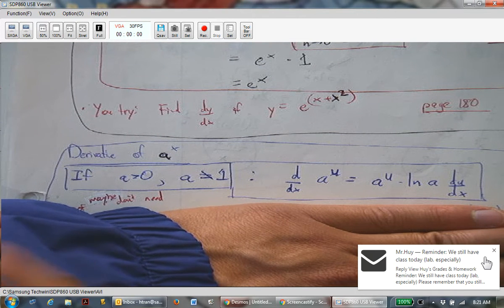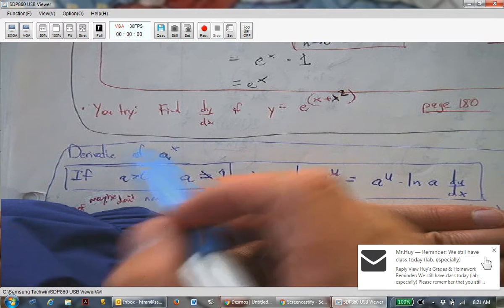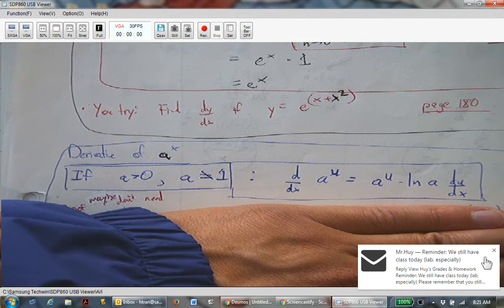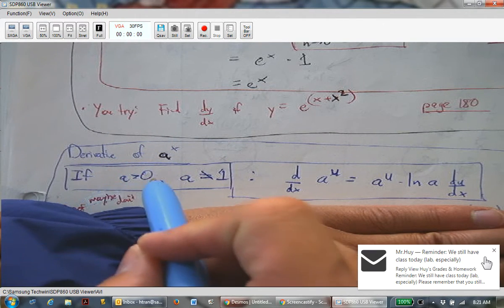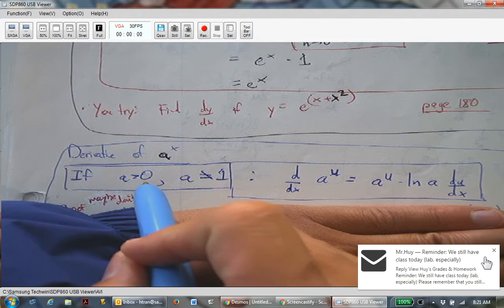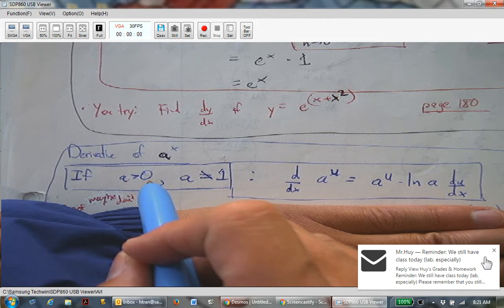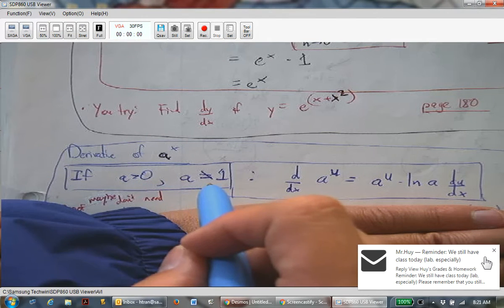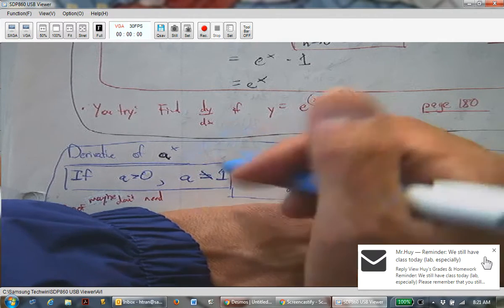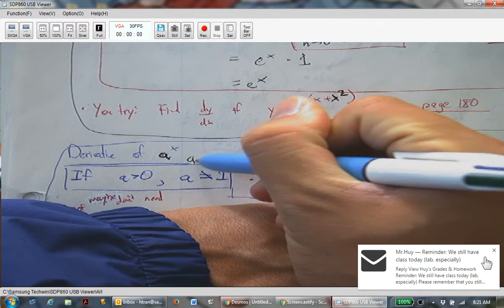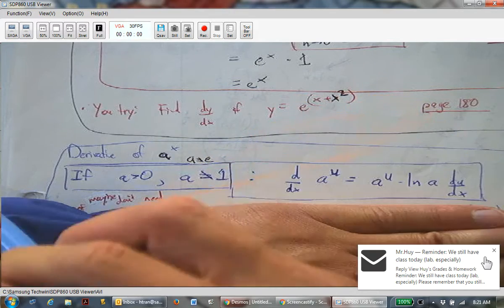Things are a little different when you're talking about a base that is not e. So every other base that is not e and is positive. The rules change again if it's a negative base, but as long as it's positive, does not equal 1, and is not e, so also put that a cannot be e. You can write that down too.